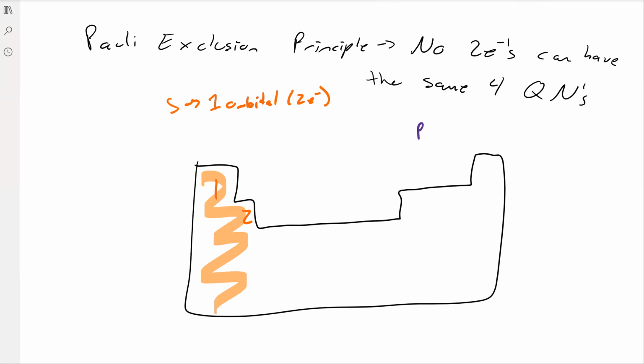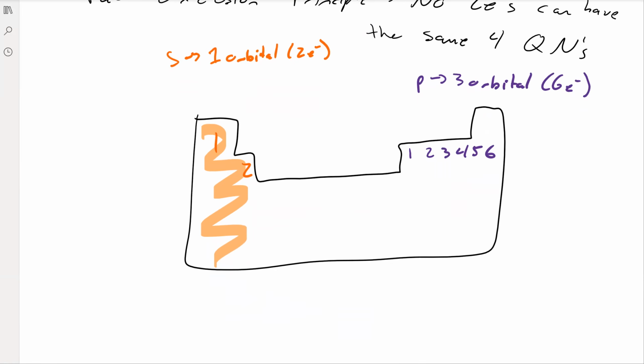So same thing over here. We have our p orbitals. We have 3 of them. So that counts for 6 electrons. If you count how many elements are in the p block, you'll count 1, 2, 3, 4, 5, 6 columns. The d block, we have 5 orbitals for a total of 10 electrons. Remember, it's 2 per.